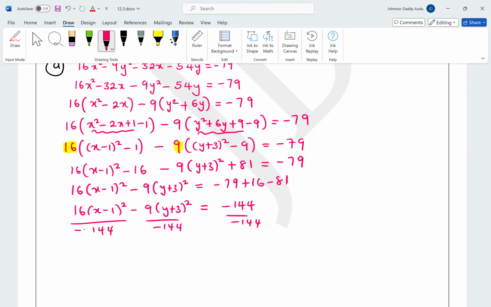The signs flip, so the y term becomes positive: 9(y plus 3) squared over 144 minus 16(x minus 1) squared over 144 equals 1.